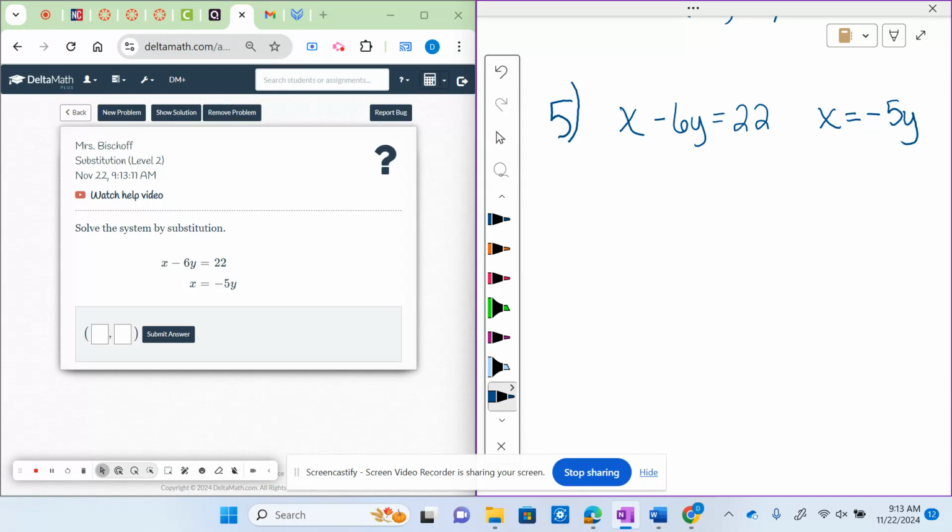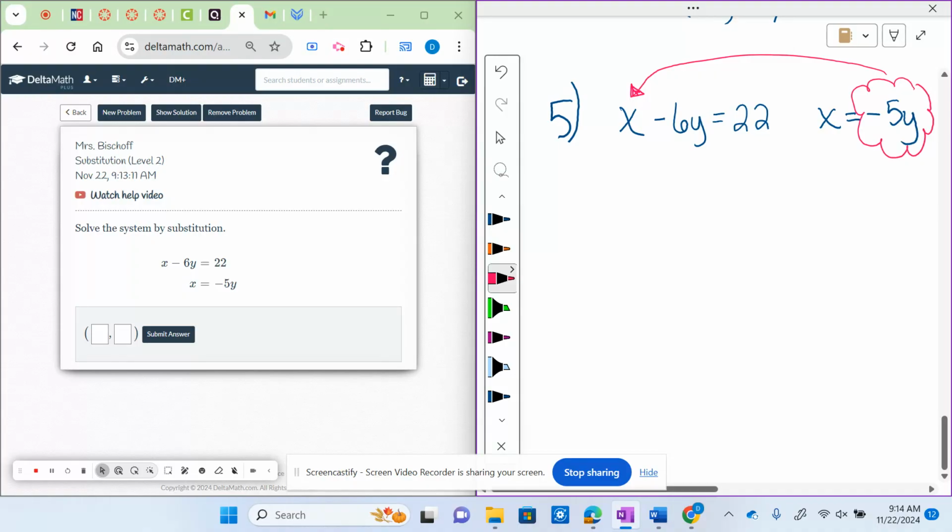Do I have a variable all by itself? Do I have a y equals or an x equals? I have an x equals. What does x equal? Yeah, so I'm going to take this value of -5y and I'm going to plop it over here where x is.